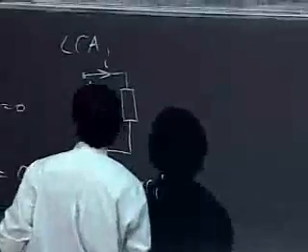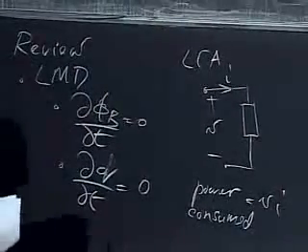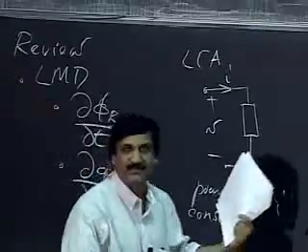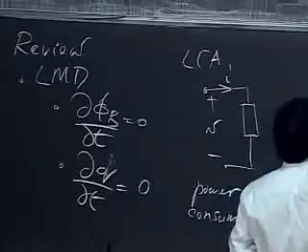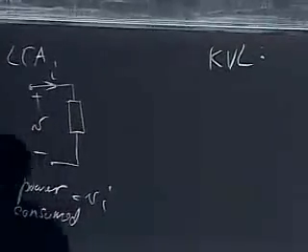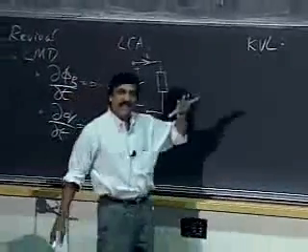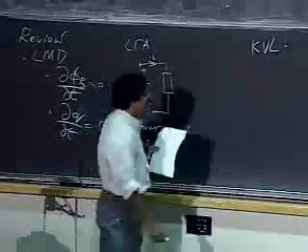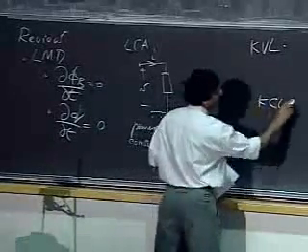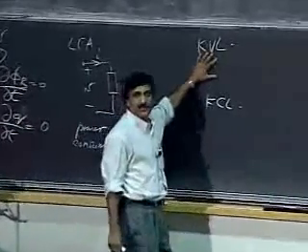So by making these assumptions of the lumped matter discipline, I was able to simplify my life tremendously. In particular, it allowed me to take Maxwell's equations and simplify them into a very simple algebraic form, which has both a voltage law and a current law that I call Kirchhoff's voltage law and Kirchhoff's current law.